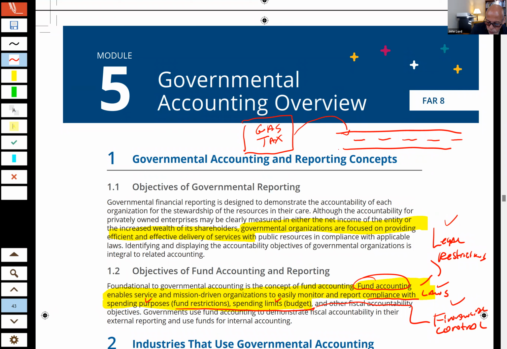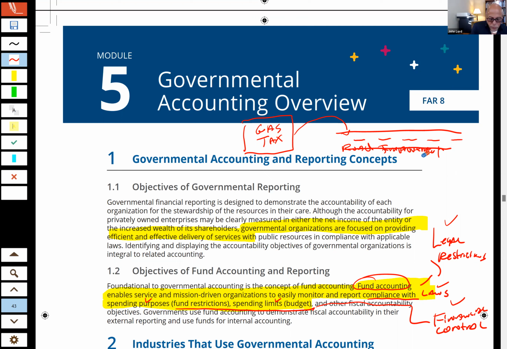Will be used for road maintenance, road improvement. And let's say they say you can't spend more than $1 million in any 1 year on road improvement.